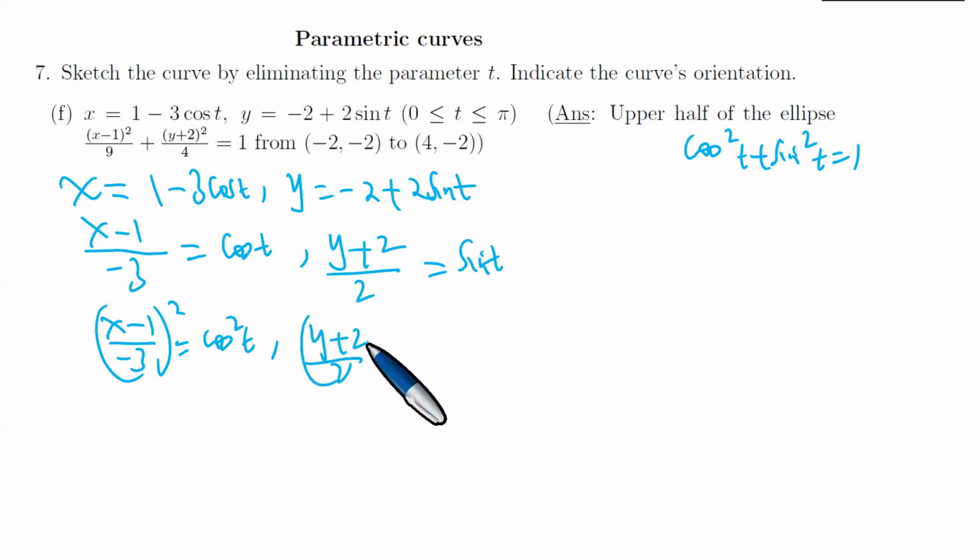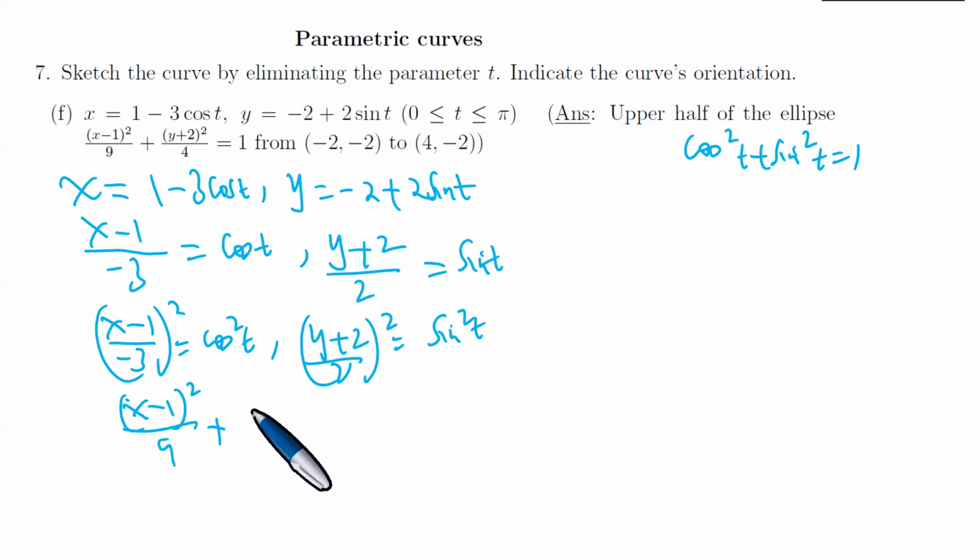Y this, and then you square this, which is x minus 1, y plus 2, cosine squared plus sine squared.